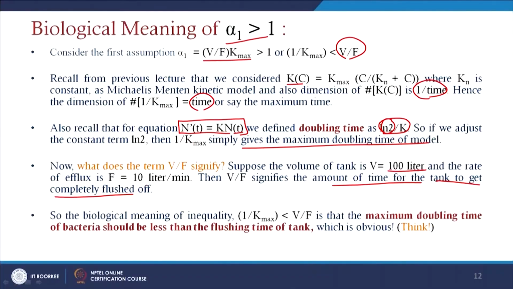This cannot be possible. So, the biological meaning of the inequality is that 1 by k max, which represents a time, should be less than V by f, which means the maximum doubling time of bacteria should be less than the flushing time of the tank. If there is no flush of these concentrations, how will this population level grow?